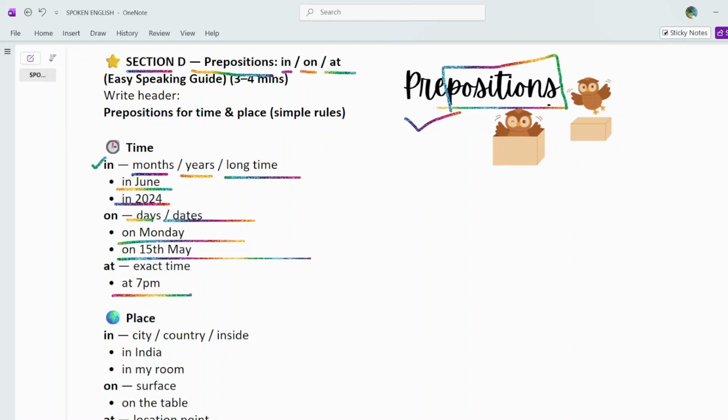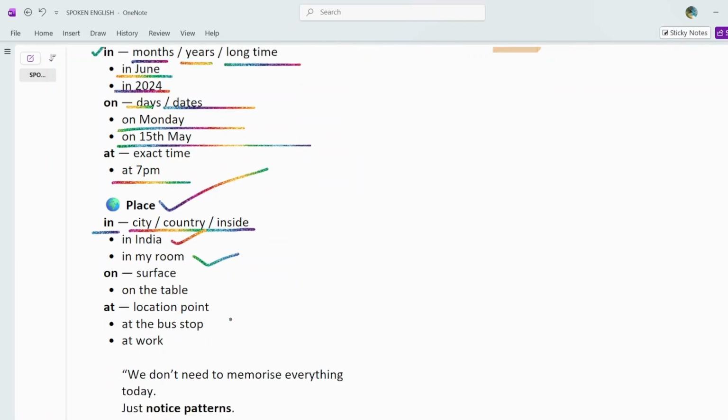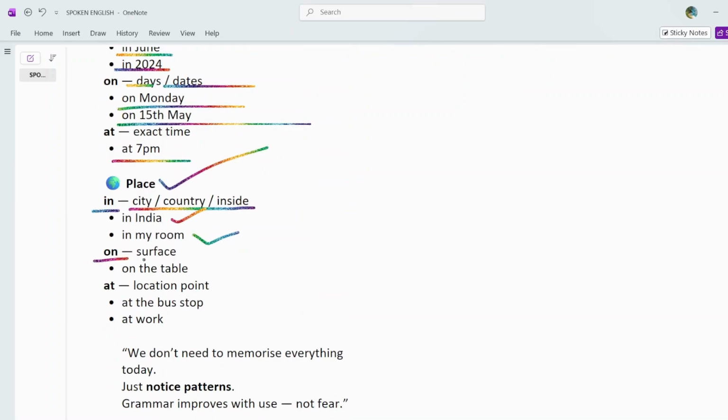Now let's talk about place, which is very common in our daily conversations as well. In can be used when you're talking about being in a city, a country, or inside the swimming pool, places like that. So an example is in India, in my room, or in Dubai, in the swimming pool, etc. On, on the other hand, is used when you're talking about surfaces.